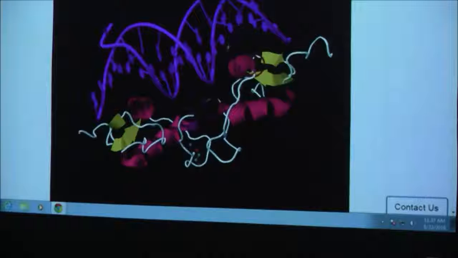There should be 10, but the alpha helix can't really make contact with all of them. It can only make contact with the ones that are at the bottom of the well, so about 6 at most. So each alpha helix can recognize 6 base pairs at most.